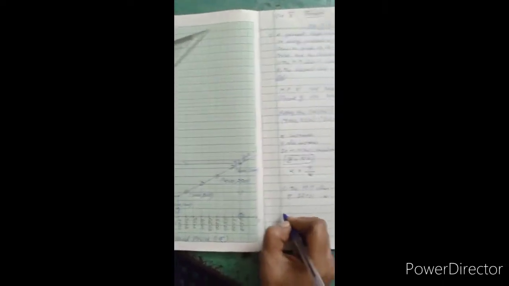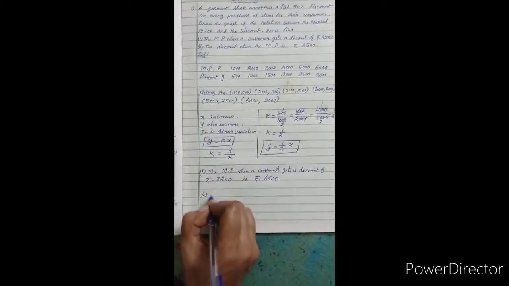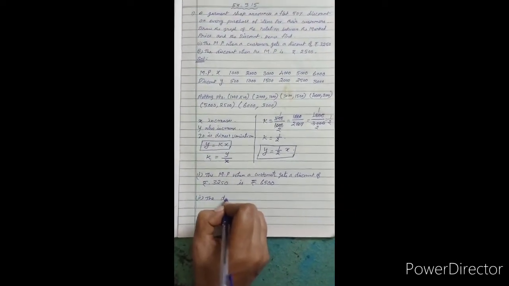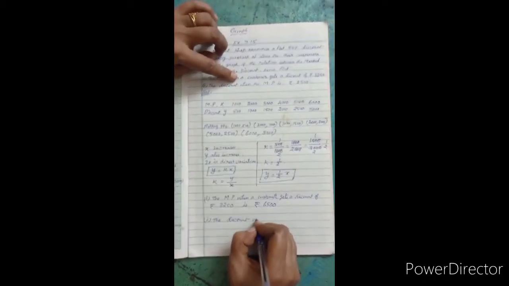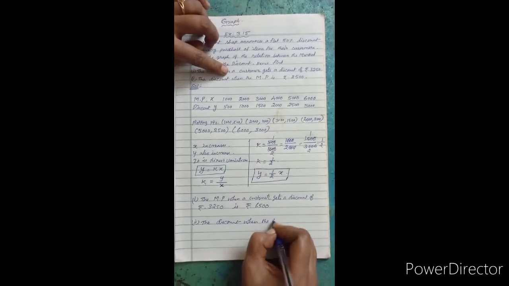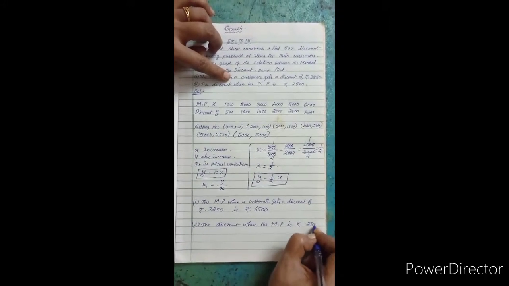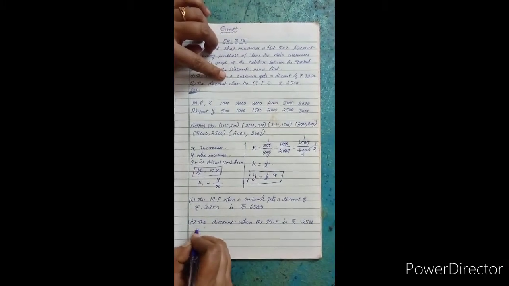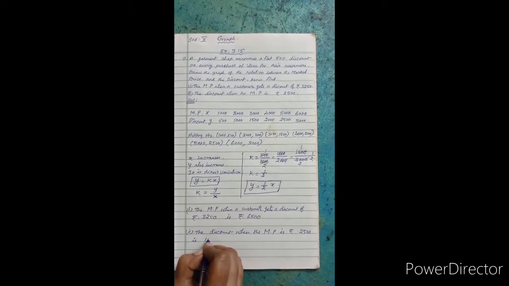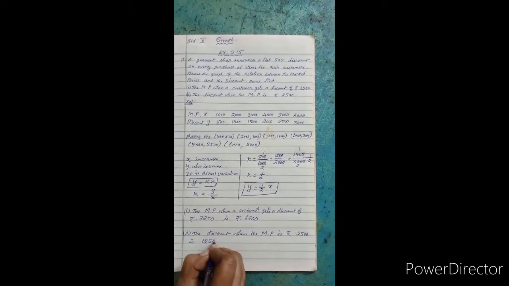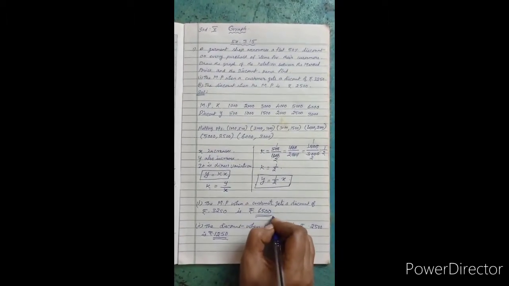So the second question is the discount when the market price is rupees 2500 is 1250 rupees.